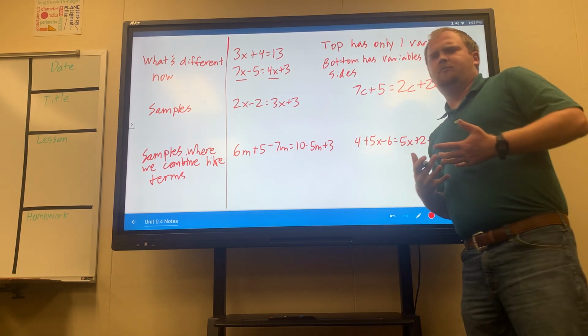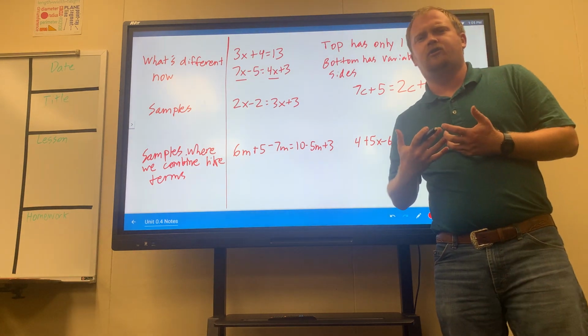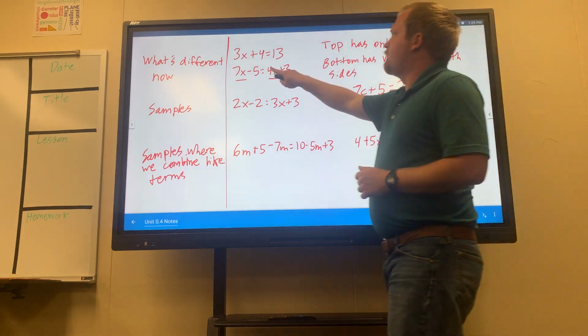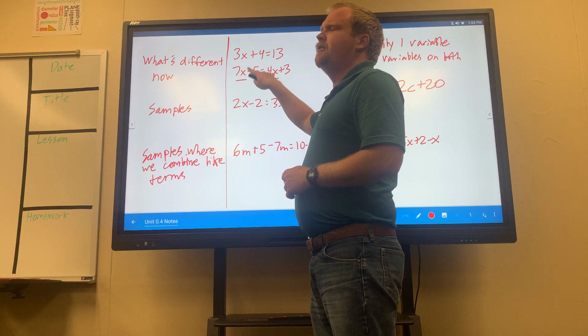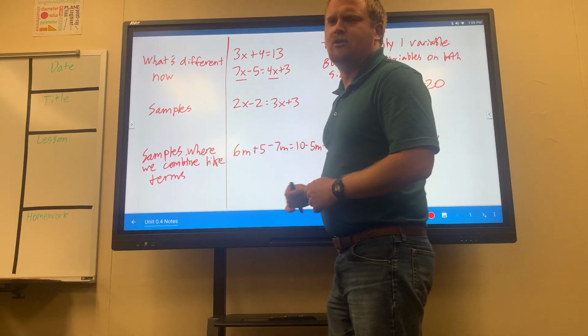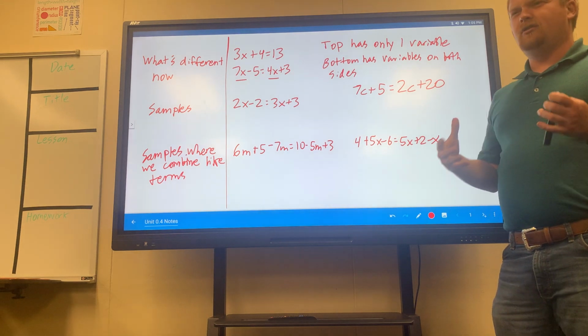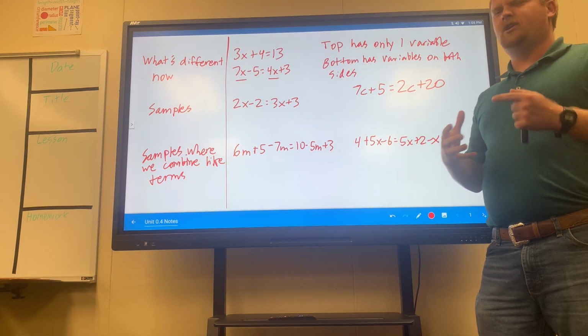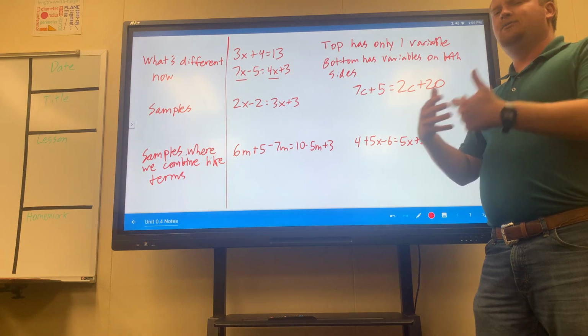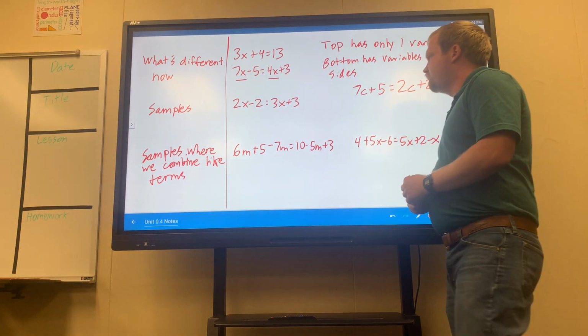That's what I'm really hoping that you guys would actually notice, that this bottom equation has variables on both sides of the equation itself. So this is going to be a little bit tougher to work with, but don't worry, we'll be able to work this out together.